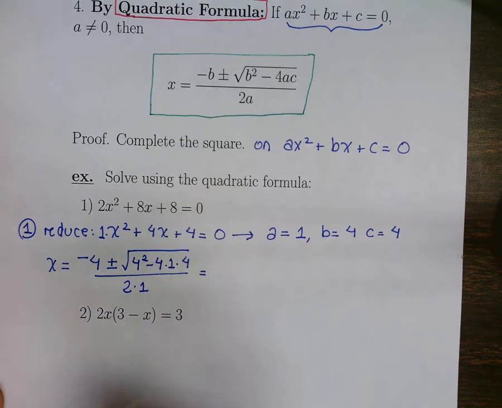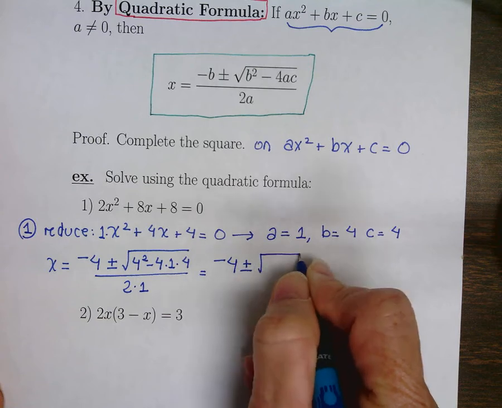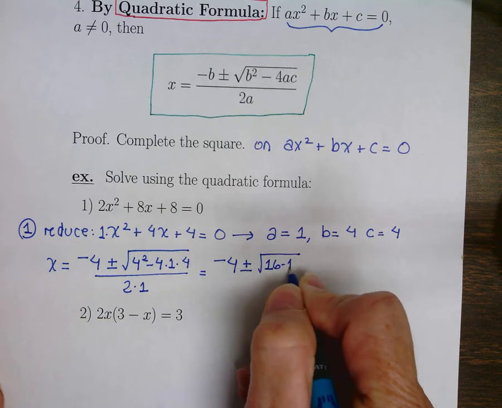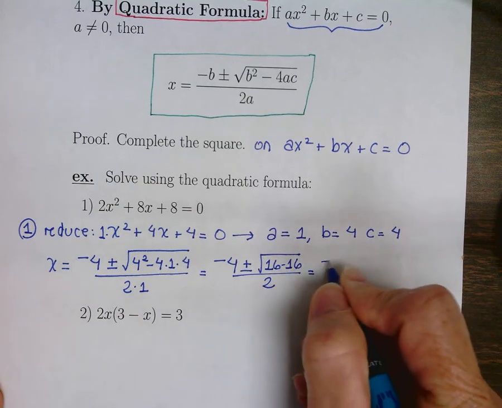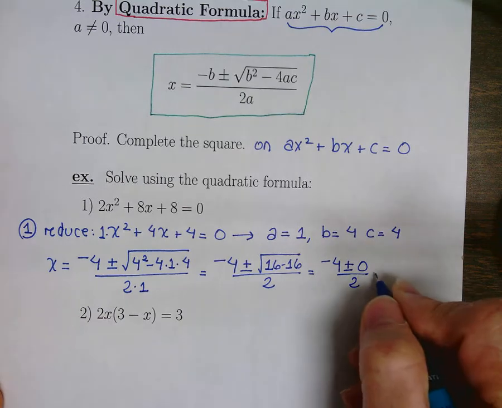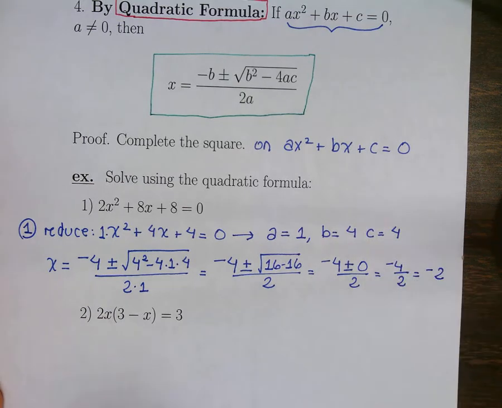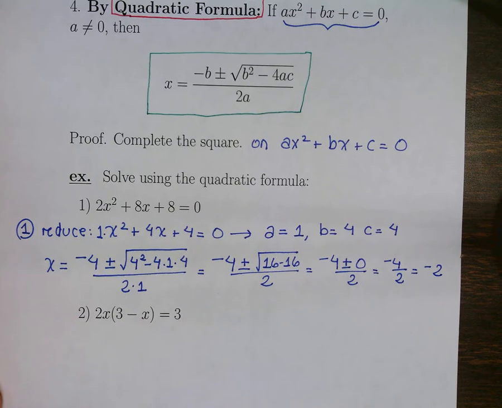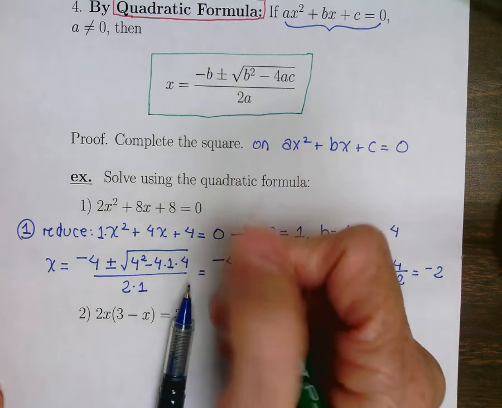Okay? And that is negative 4 plus or minus the square root of 16 minus 16 all over 2, which is negative 4 plus or minus 0 over 2, and that's just minus 4 over 2, which is negative 2. Okay? Now, it turns out that this is really overkill for this example because I can also solve it by factoring.